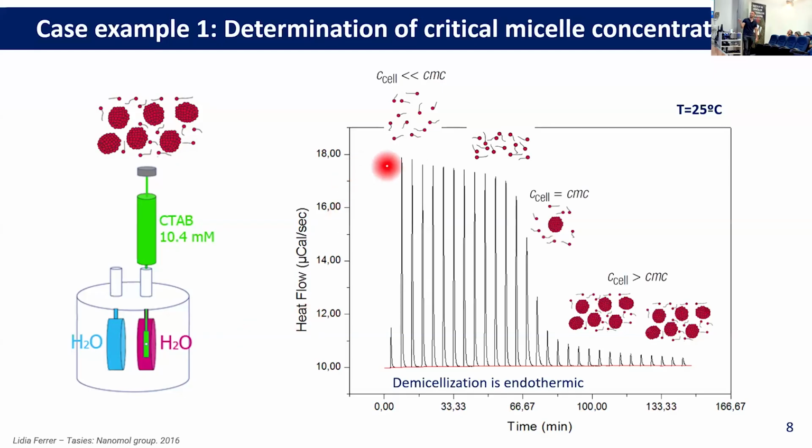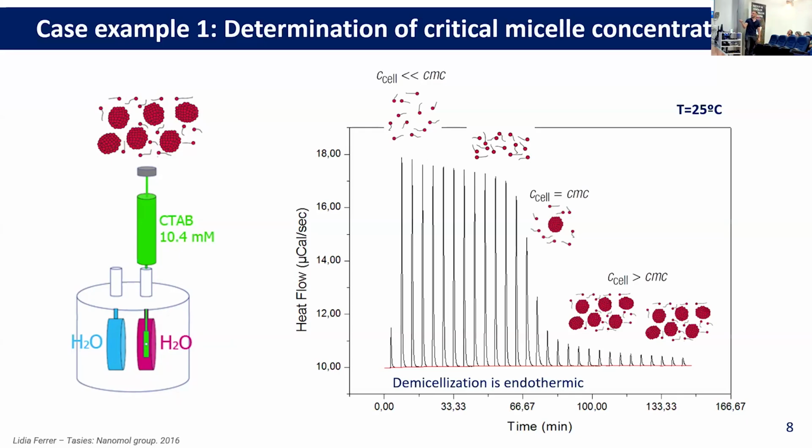And therefore we have some release of energy that we're plotting here. But after we reach some point, the concentration is going to be higher. So we're going to surpass the CMC, and we're going to inject micelles into micelles. So there is no energy because there is no breaking of bonds, right?